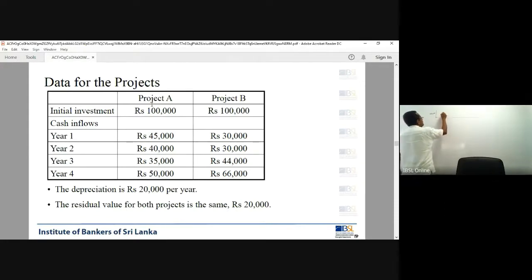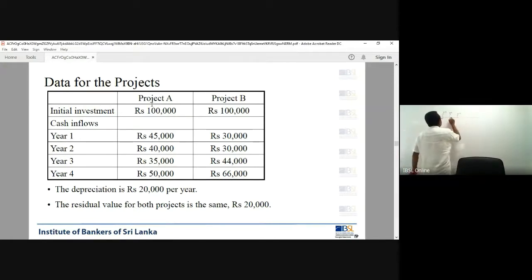First year, you get 45,000. Second year, it is 40K. Third year, 35K.